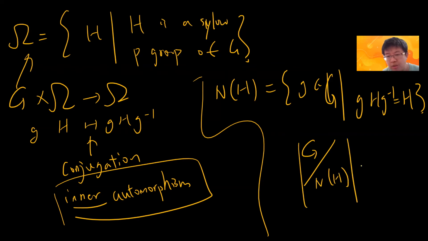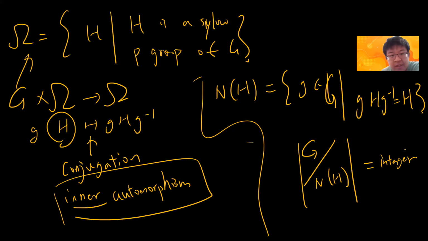By definition, the orbit-stabilizer theorem tells you that the group G quotient N of H will be the same as the orbit. So G quotient N of H is a number, an integer.